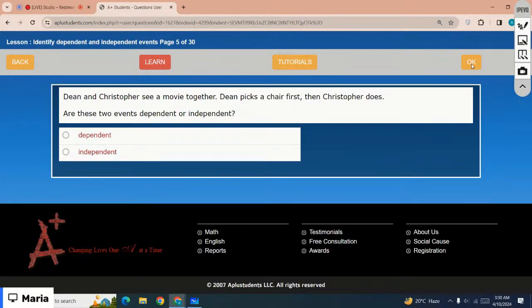Dean and Christopher see a movie together. Dean picks a chair first, then Christopher does. Are these two events dependent or independent?